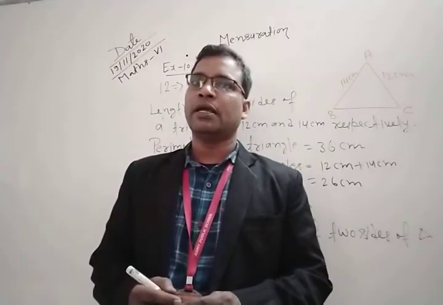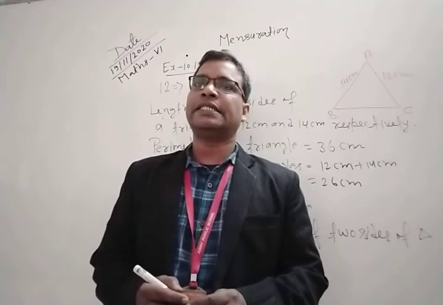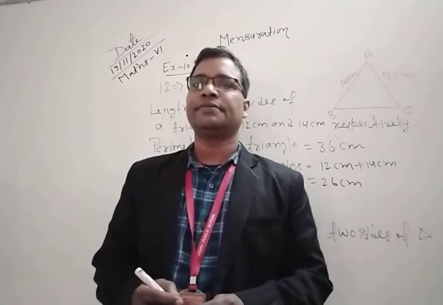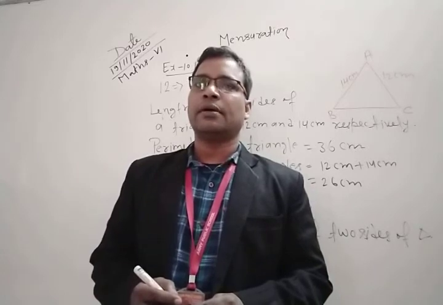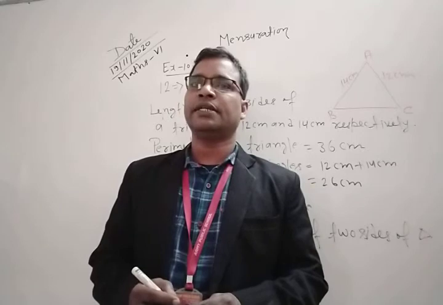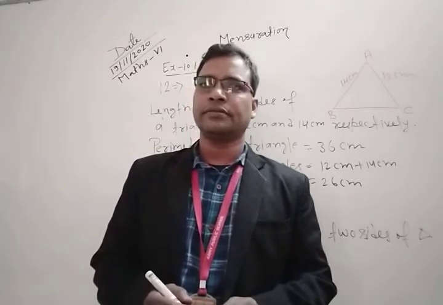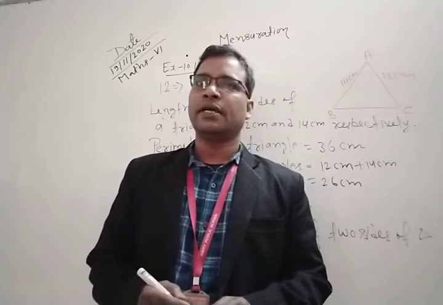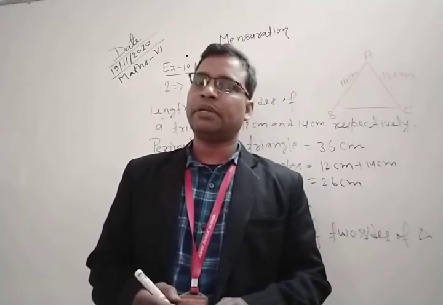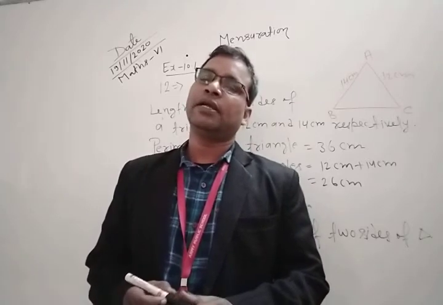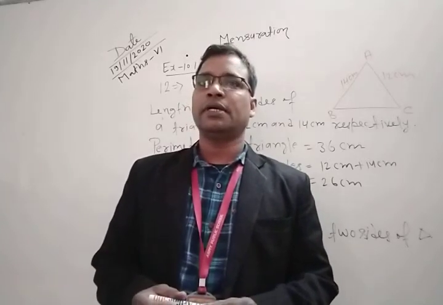This is the side of the square and the rate of fencing is also given here, rupees 20 per meter. So we need to find the cost of fencing. Okay, so first we find the perimeter of the square. After this we multiply by the rate of fencing, then we obtain the cost of fencing of this square.